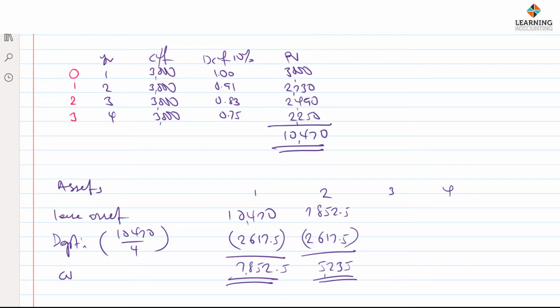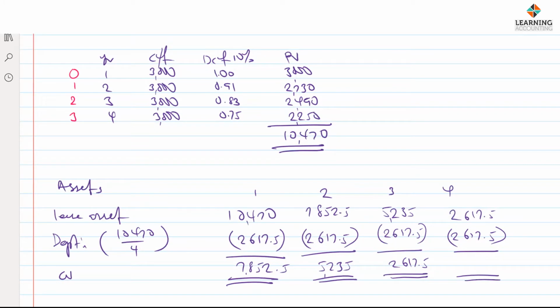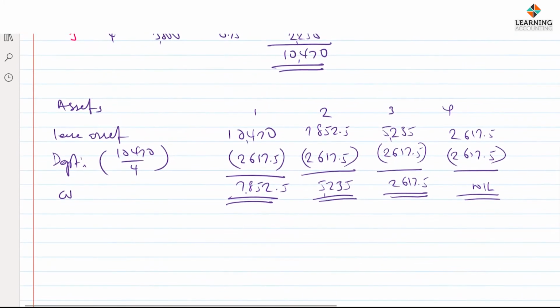Then 5,235 minus 2,617.5 gives us 2,617.5, and 2,617.5 minus 2,617.5 leaves nothing, so the asset ceases to exist at the end of year 4. Okay, so that's the asset side.